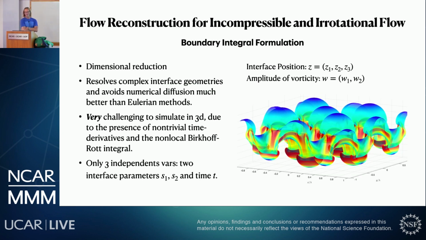So here's the idea. Let me just sort of explain. Here's a way of writing Euler that's a boundary integral formulation. And again, it's not essential to have incompressibility and irrotationality, but if you like, you can think of the fluid as being irrotational and incompressible with vorticity being concentrated on this vortex sheet. So what this boundary integral formulation gives you, and I'll be precise with what this is on the next slide, is dimensional reduction, because instead of having to discretize 3-dimensional space, you only have to discretize a surface.